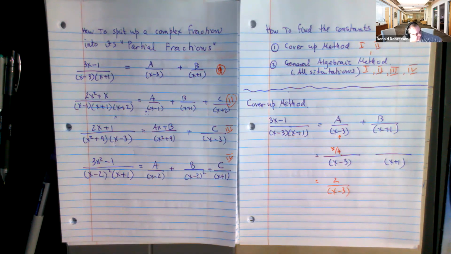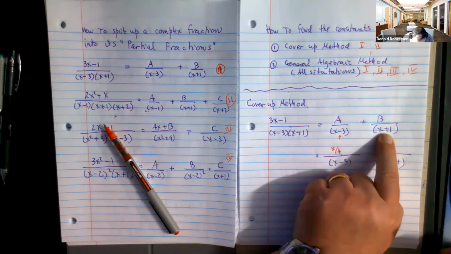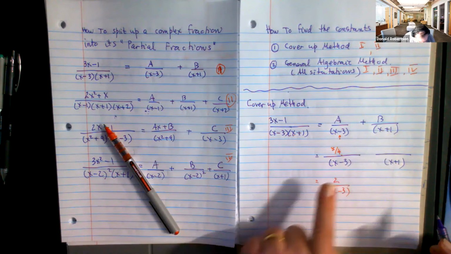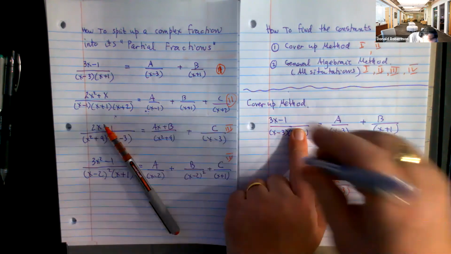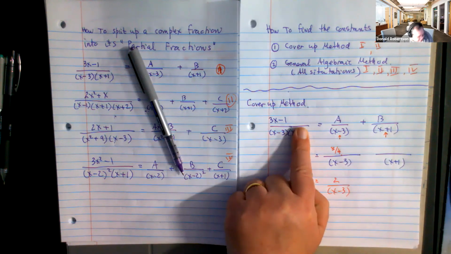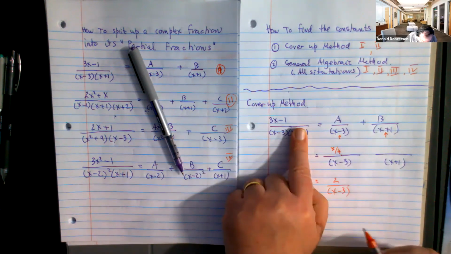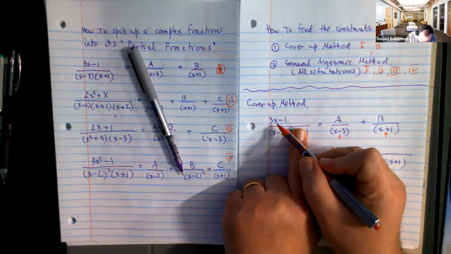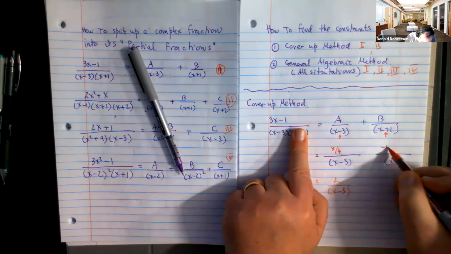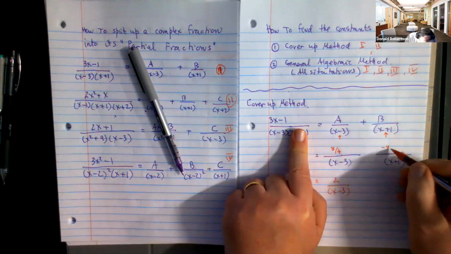Okay. Let's do the B now. X plus 1. I'm going to cover up X plus 1. What value of X makes X plus 1 zero? -1. Plug in -1. Let's see what we got. -3 take away 1 was what? -4. -1 take away 3 is also -4.